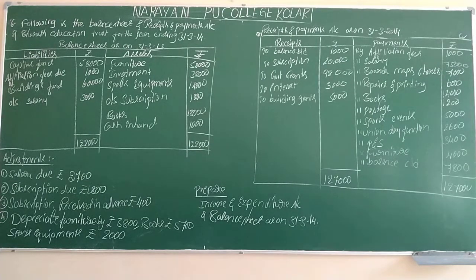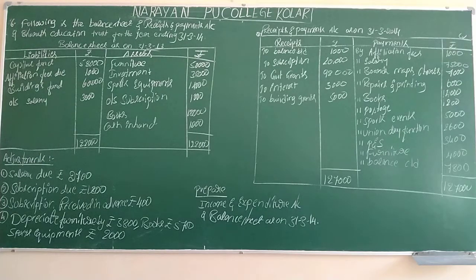In the receipts and payments account: balance brought down, subscription, government grants, interest and building grants. Payment side: affiliation fees, salary, boards maps and charts, repairs and printing, books, postage, sports events, Union Day function, printing and stationery, furniture and balance carried down.